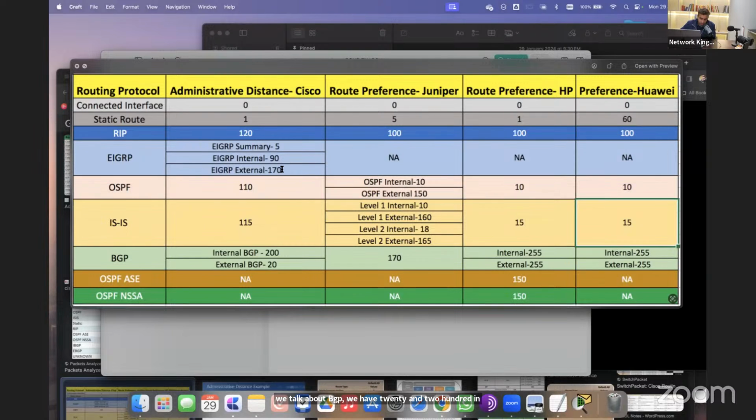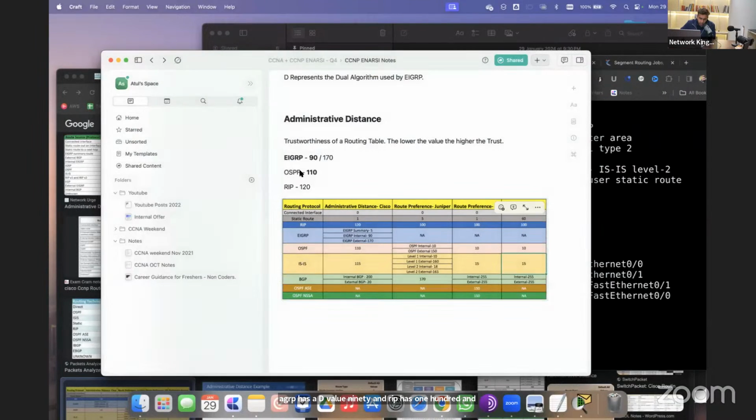So in Cisco, 170 is allocated to EIGRP external, but in Juniper, BGP is allocated 170. So don't get confused. Every company has different parameters. As we are learning Cisco, we can say EIGRP has an AD value 90, RIP has 120 and OSPF has 110. So when you talk about Cisco, who is going to win the election?